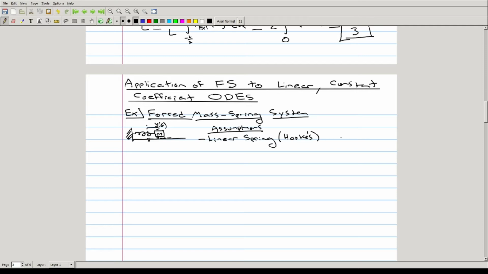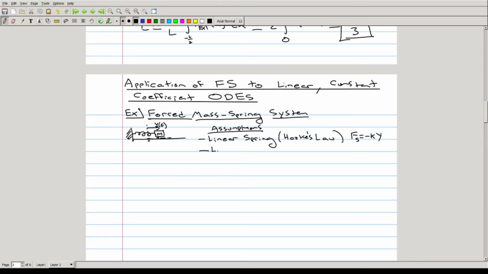Which means it follows what's called Hooke's law, where the force of the spring is negative k times the displacement of the spring y.